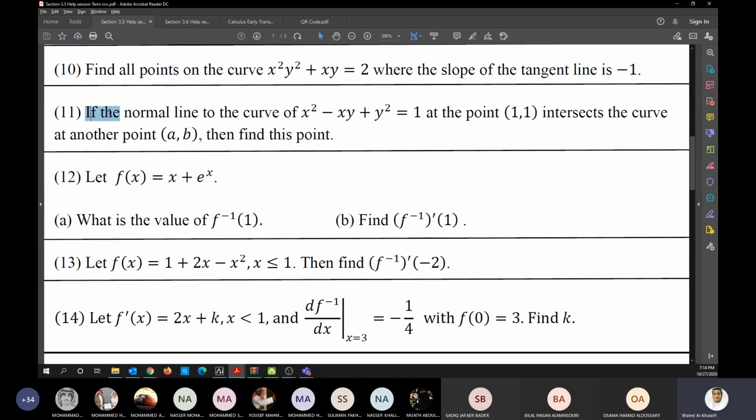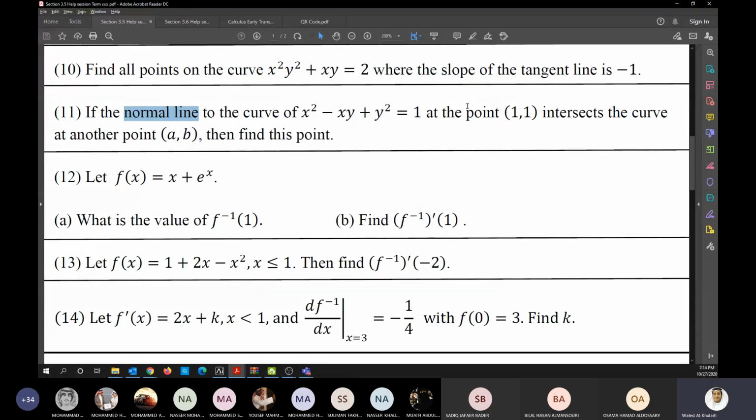The next question, number 11. It says find if the normal line to the curve at the point 1, 1 intersects the curve at another point AB, then find this point. This is also one of the questions that you need to think about, because if you say normal line, you need to find the derivative.